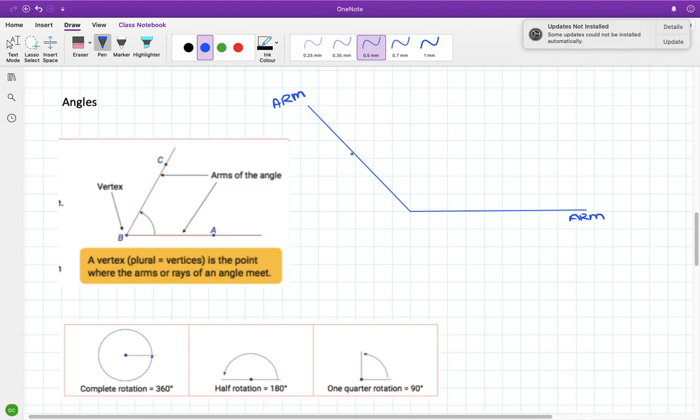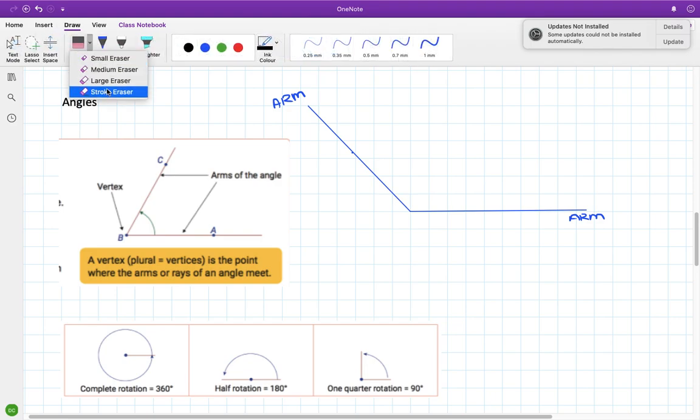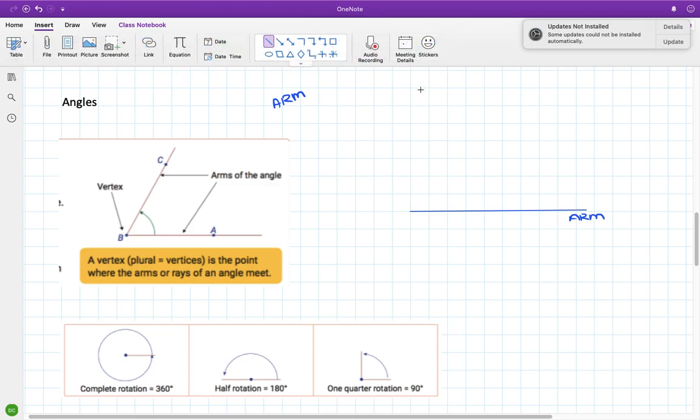And depending on where you put those arms, how can I edit this? Hang on, let me try something. Okay, right.